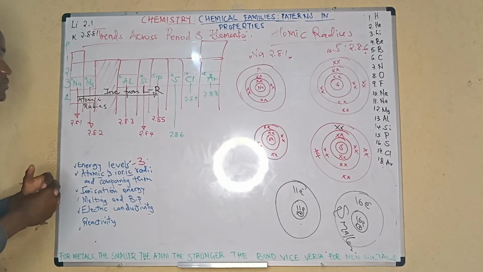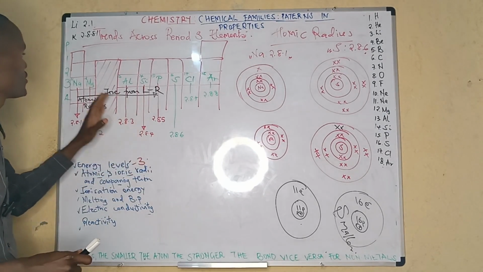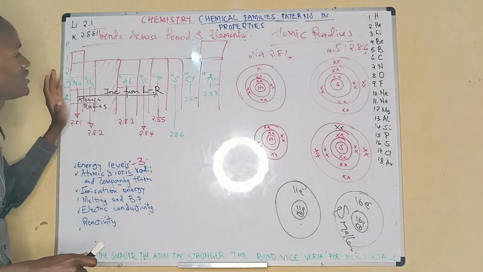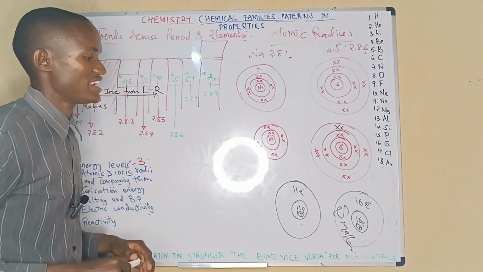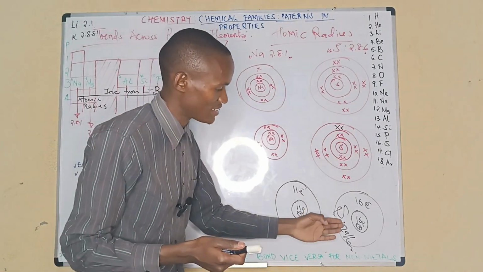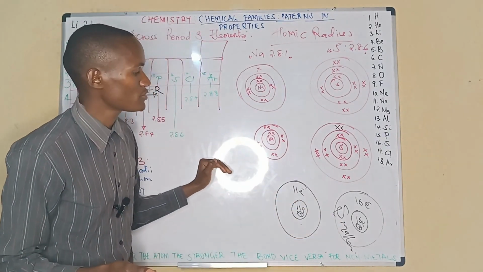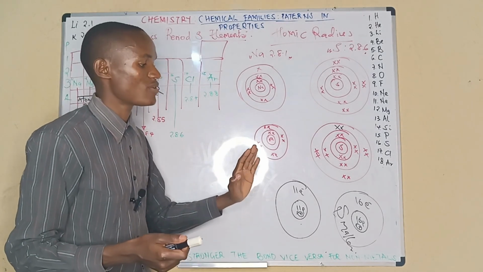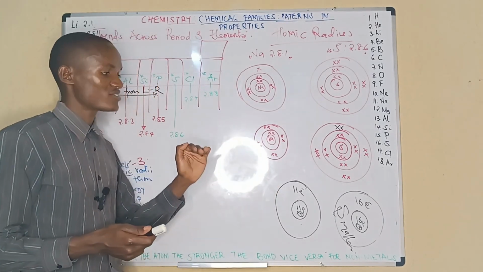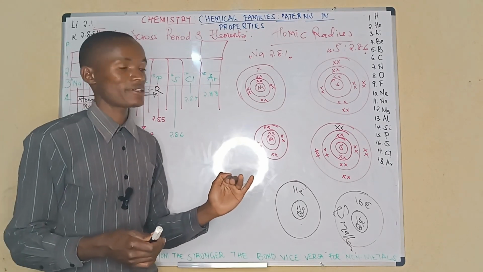That is the trend. The atomic radius increases from left to right, and the reason is what we have discussed here. This is because of an increase in the number of protons that results in a higher nuclear attraction.